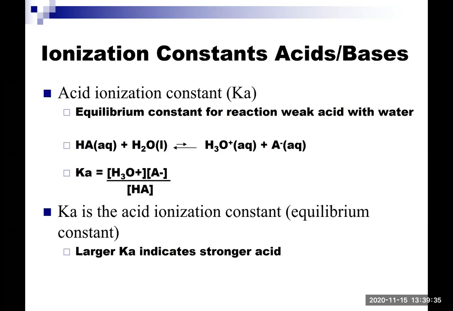We want a quantitative number that tells us if we have a weak acid or a weak base, and how weak is it relative to another base. So we use the acid ionization constant, and you'll see that we also have a base ionization constant.